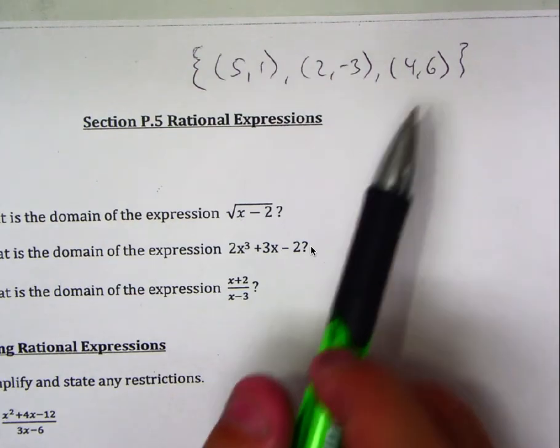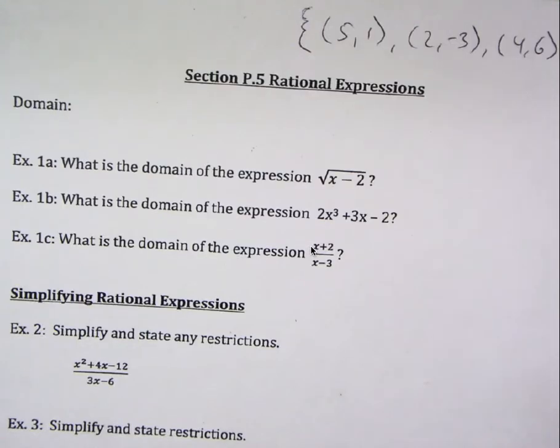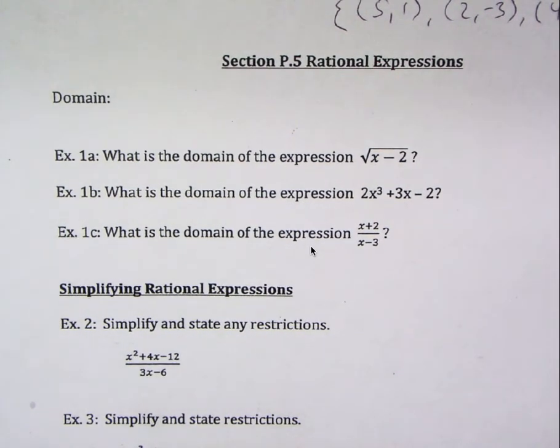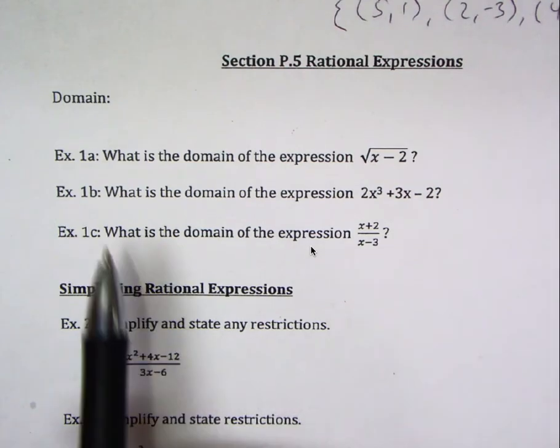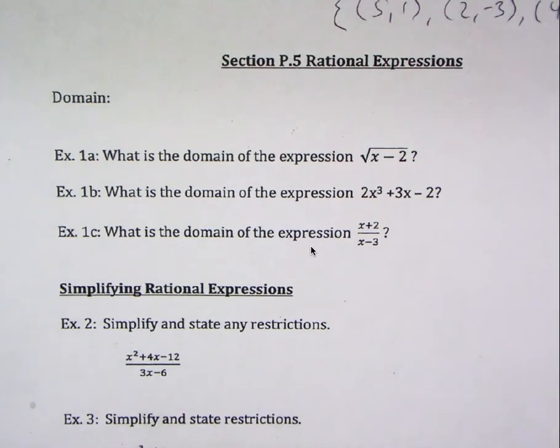Domain is the x values, range is the y values. That's not all there is to it, but it is a good starting point for discussion purposes: understanding that domain is the x. Now, as far as expressions go, when the questions ask, what is the domain of the expression, what's being asked of you is this: what are you allowed to plug in for x such that when you work the expression out, you get a defined number, an output, a value in the end?